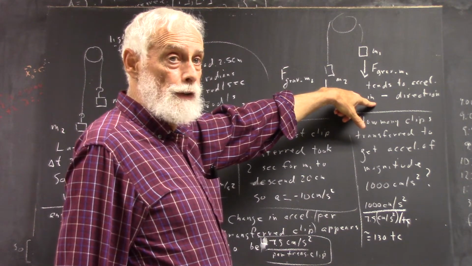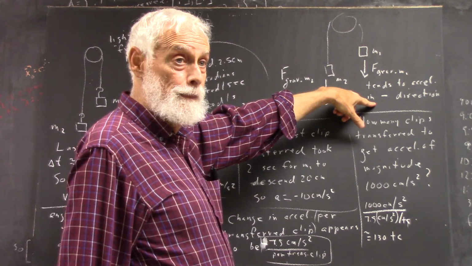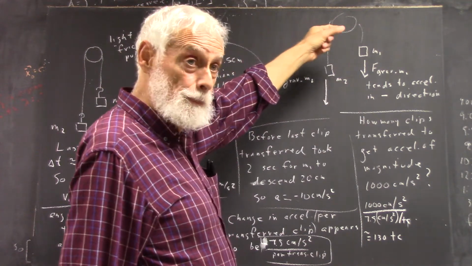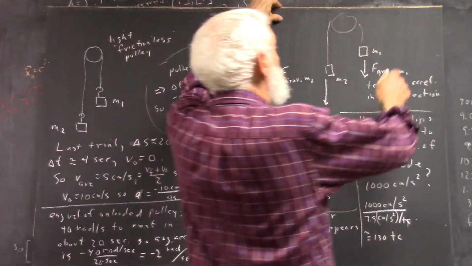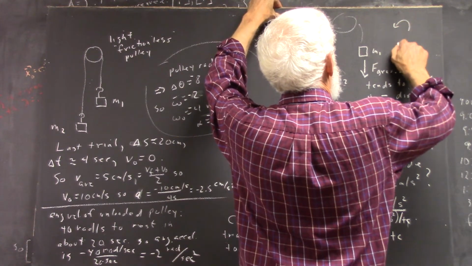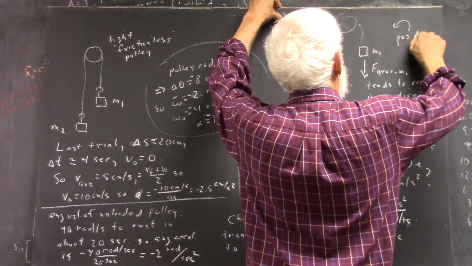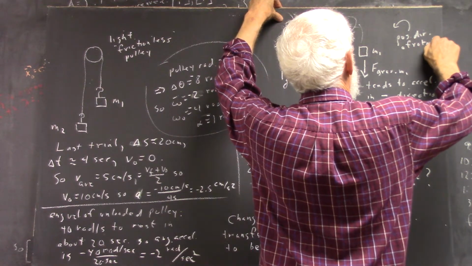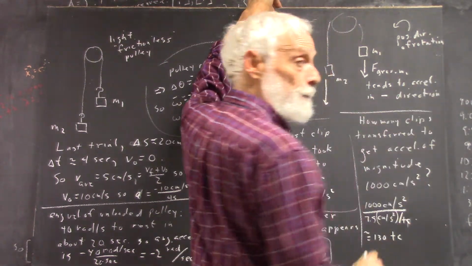Now, why do I call this the negative direction? Because it's clockwise. Counterclockwise is a positive direction. Okay? There's the positive direction of rotation.